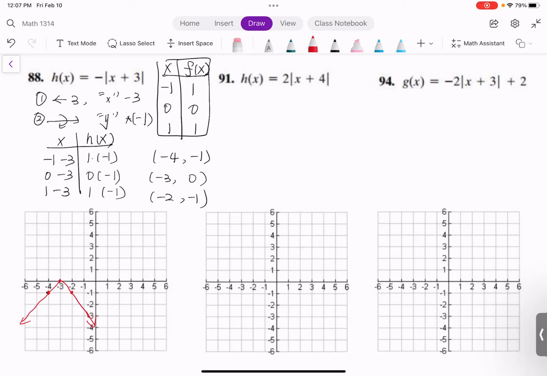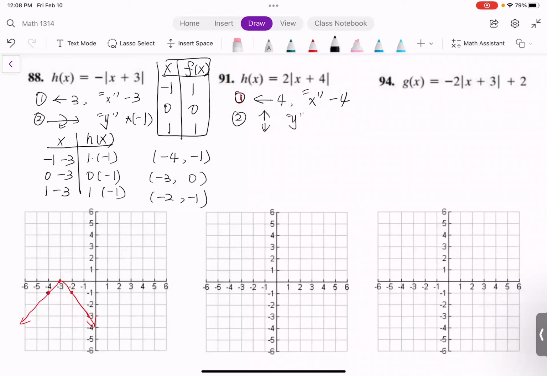Next one, let's see the transformations. First transformation from inside, x plus 4. That means we are moving to the left 4 units. All the x subtracted by 4. Second transformation is 2. That means we are stretching it vertically.